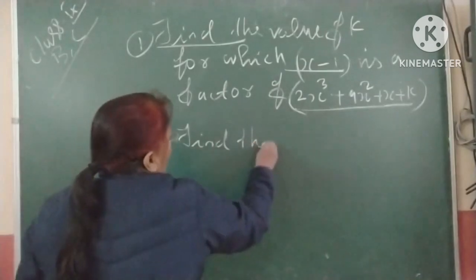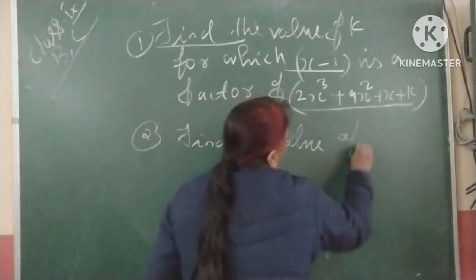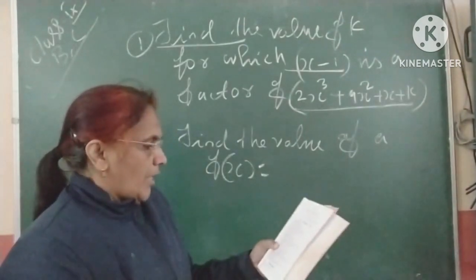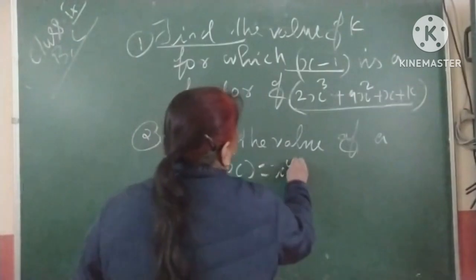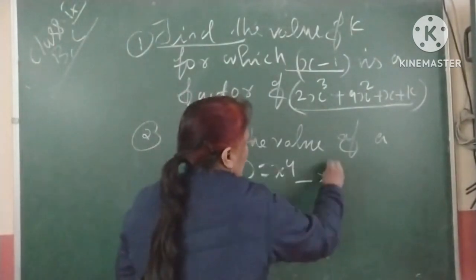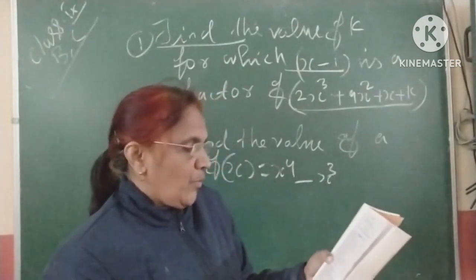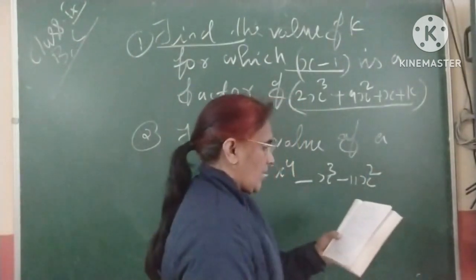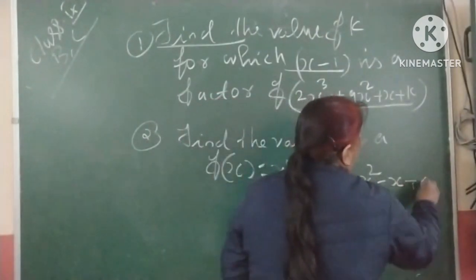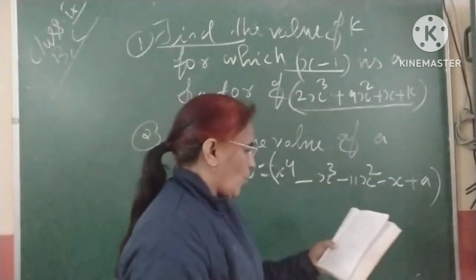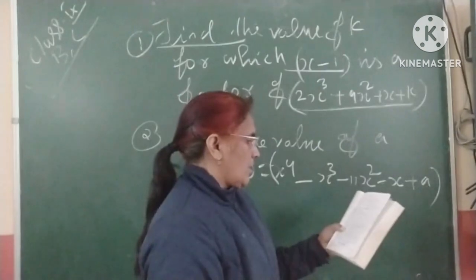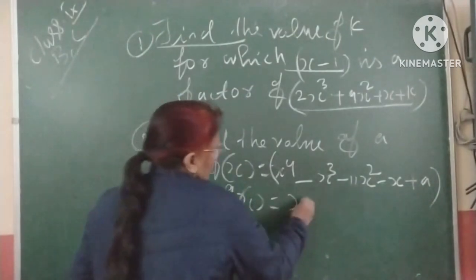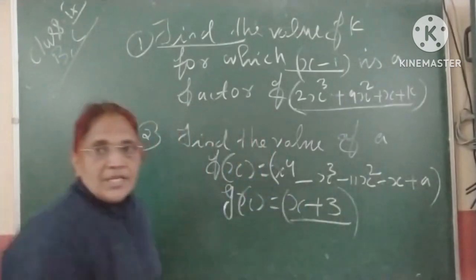Find the value of a. f of x equal to x to the power 4 minus x cube minus 11x square minus x plus a, and g of x equal to x plus 3.